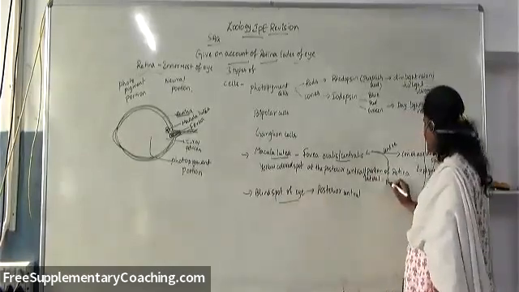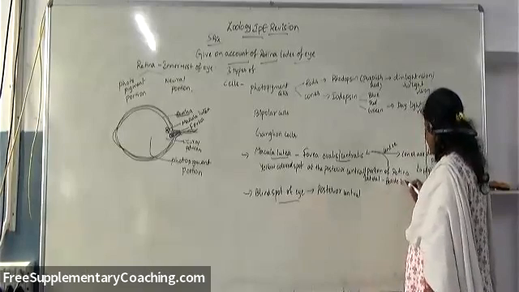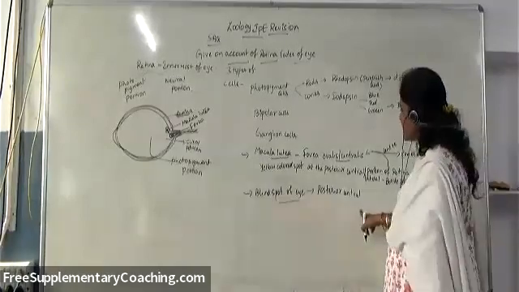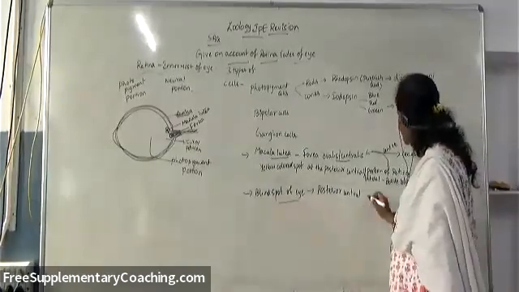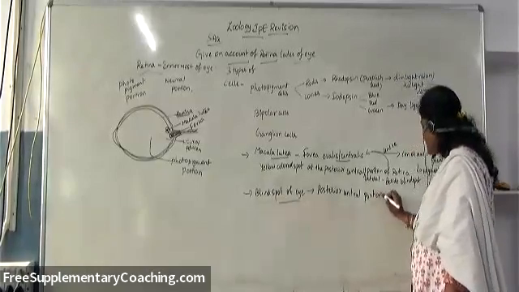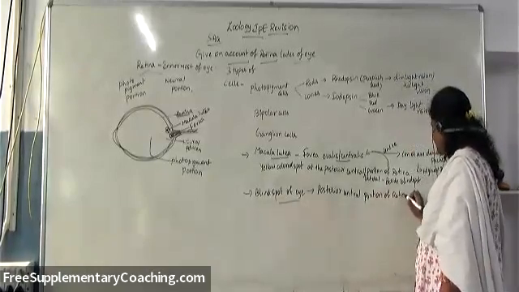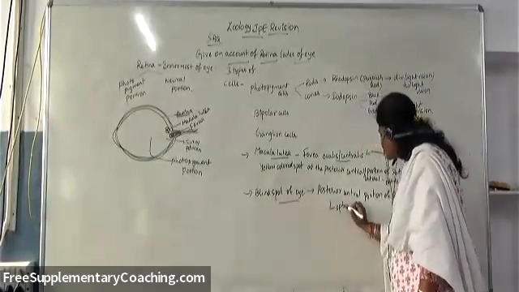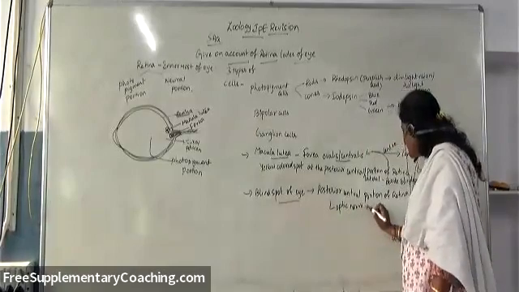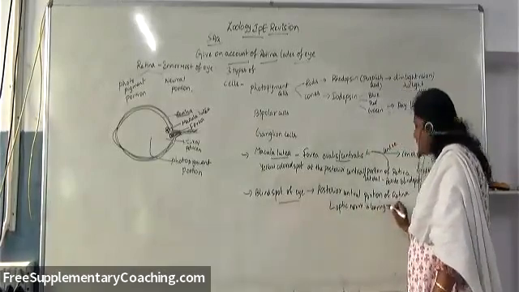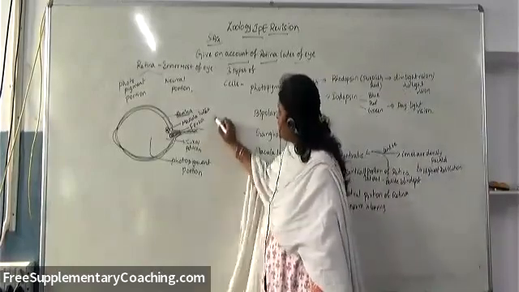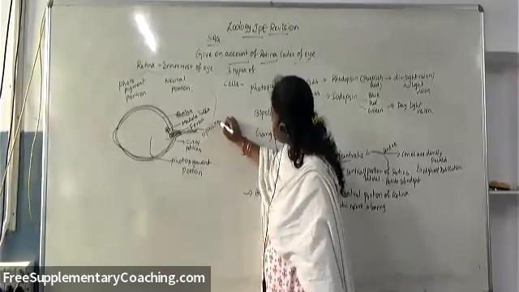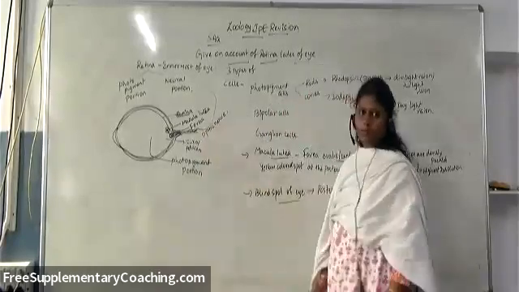Whereas the blind spot is exactly at the posterior central portion of the retina, from where the optic nerve is leaving to the brain. So this is the optic nerve, leaving to the brain.